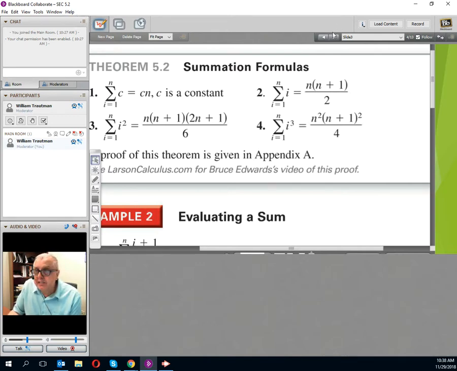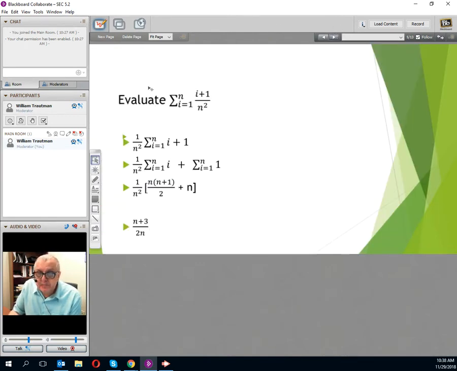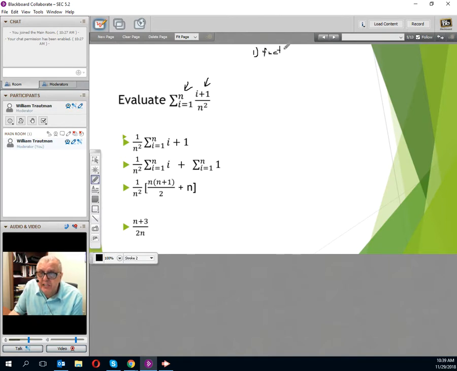All right, so let's go to the next slide. And this problem says evaluate this summation here. I equals 1 to n, and we have n squared I. So I show you all the work here, but I just want to show you what the process is. First, you want to try to factor out any n's that you can.